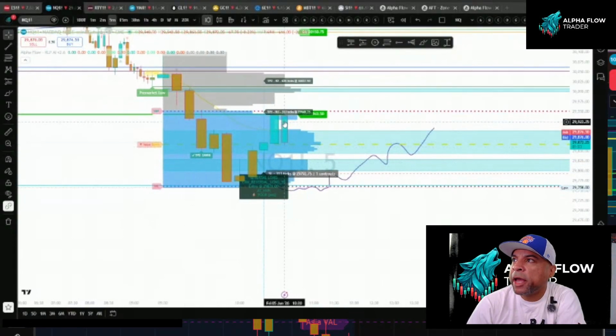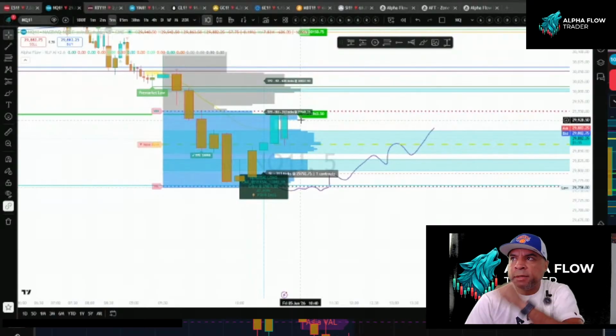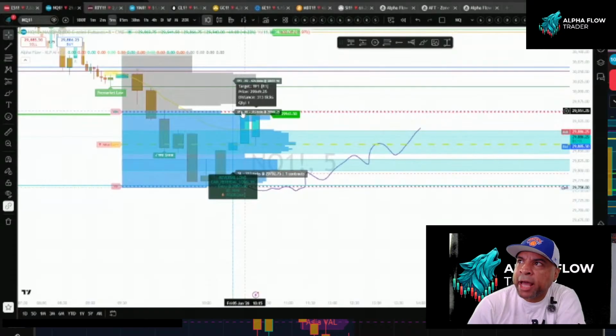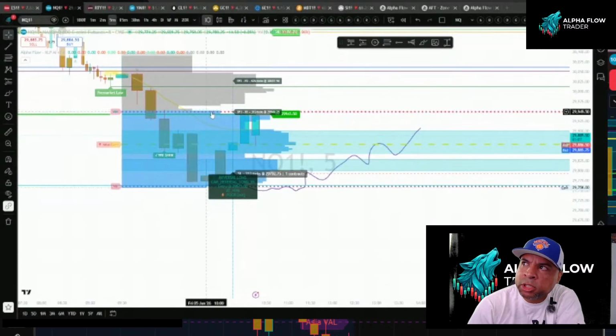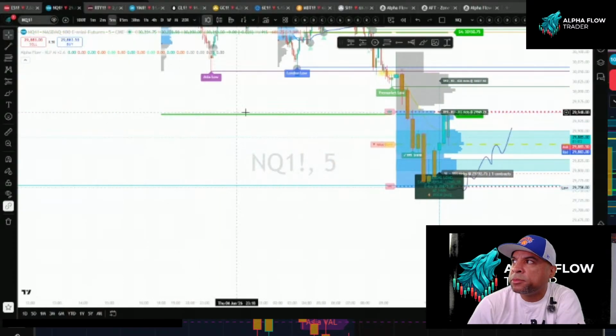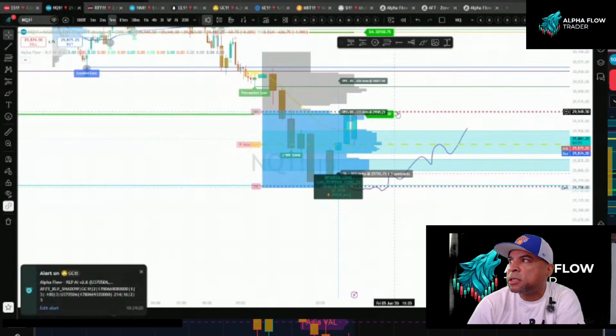NQ didn't quite hit our app's TP1, but that's where you've got to use discretion. That's why I said just below TP1 was this green line, which is actually S5.